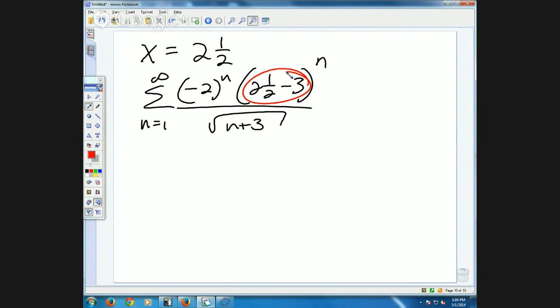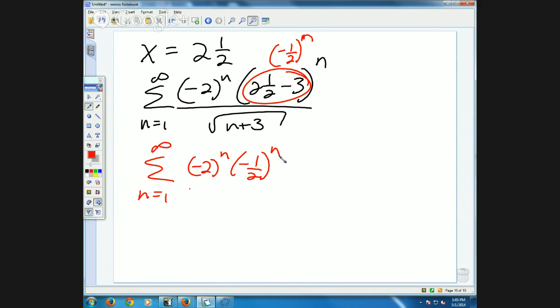It's negative 1/2, isn't it? Okay, so that means here I'm going to have a negative 1/2 to the n. So I'll have the sum as n goes from 1 to infinity of negative 2 to the n times negative 1/2 to the n all over square root of n plus 3.